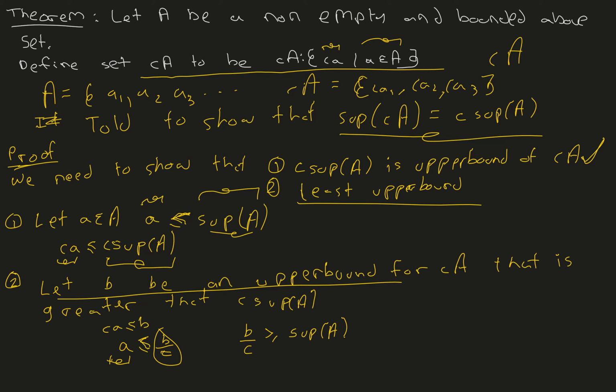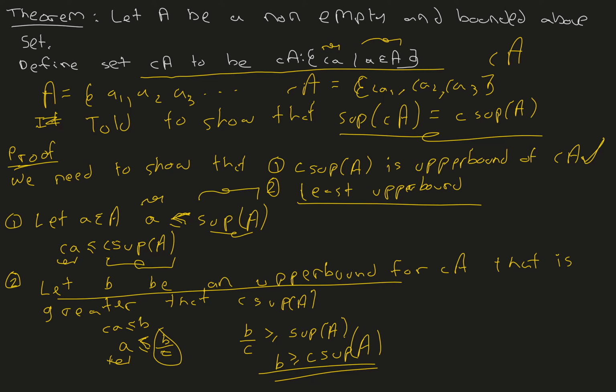So we know that B over C is an upper bound for the set A, and that the supremum of A exists. So B over C is greater than or equal to the supremum of A, because it is the least upper bound. So we get that B is greater than or equal to C sup A, and that's what we wanted.